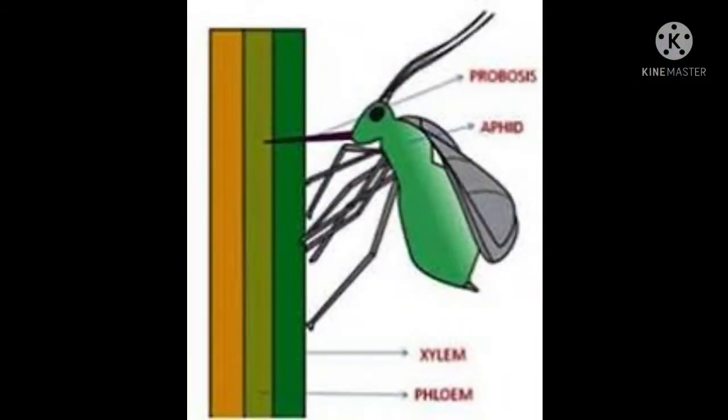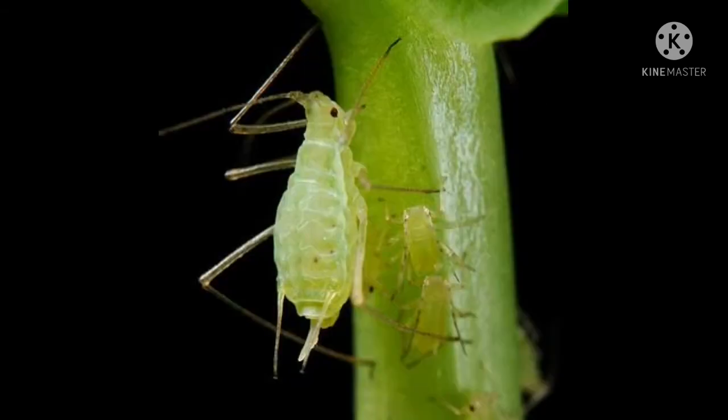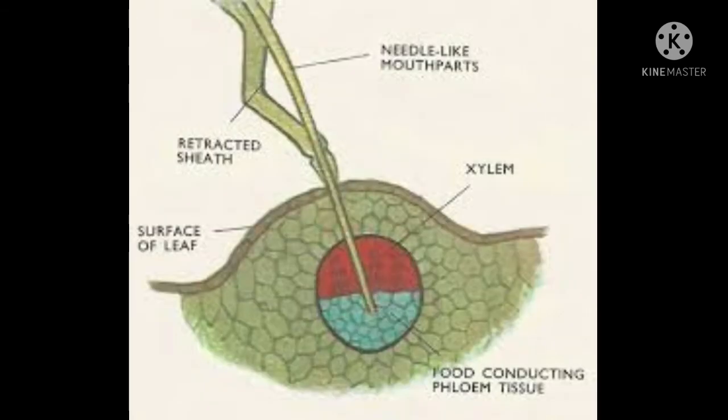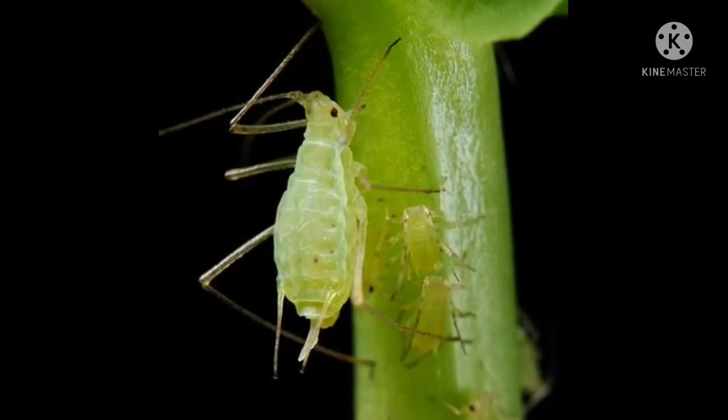Food transportation can be studied in plants with the help of aphids. Aphids are green flies which cluster around the young stems of the plant to obtain plant juices. To obtain the plant juices, the aphid produces a long needle-like organ called a proboscis.